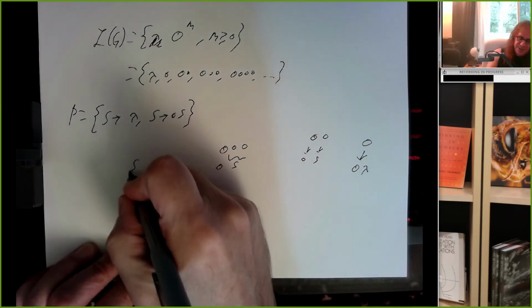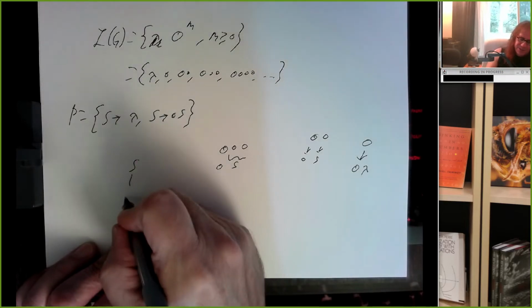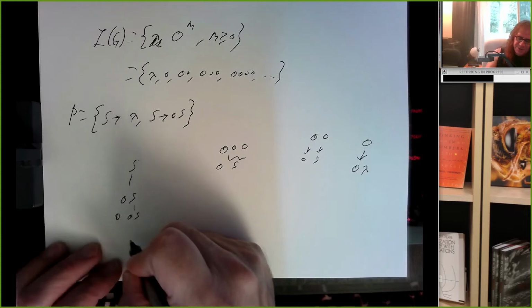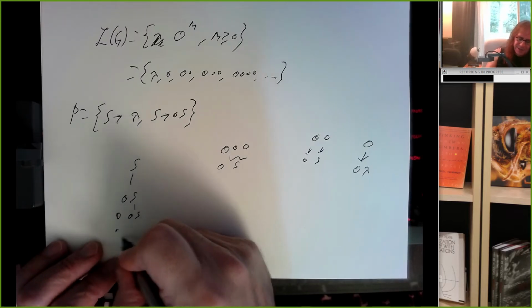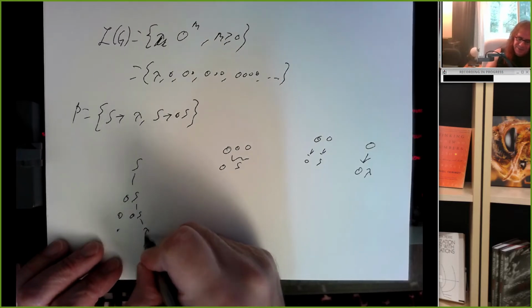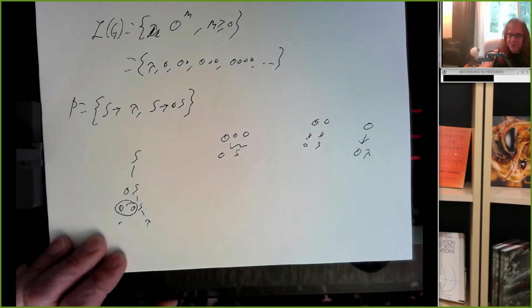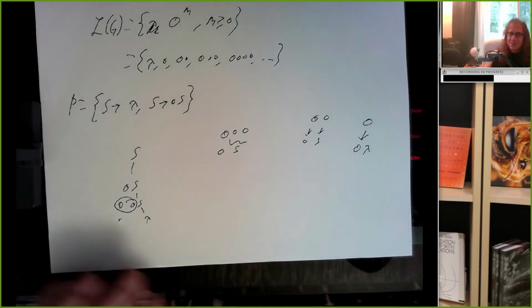We can start with S, and we could say from an S we can have 0S, and from this S we can have a 0S, and from this S we could have a lambda. And so 0, 0 followed by an empty string would be a string in this language.